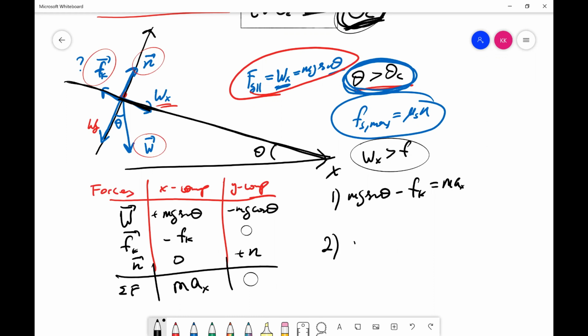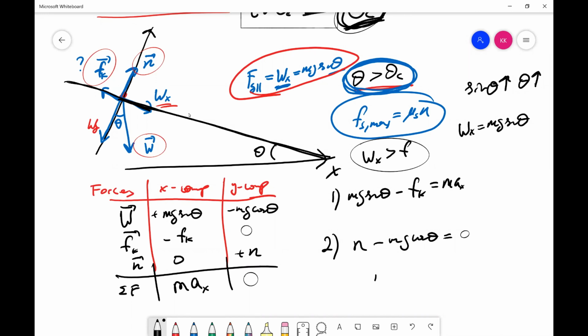Equation 2, we still have N minus mg cosine theta equals 0. Because remember, the x component was mg sine theta, and sine of theta increases when theta increases. So that's why the x component of gravity also increases.